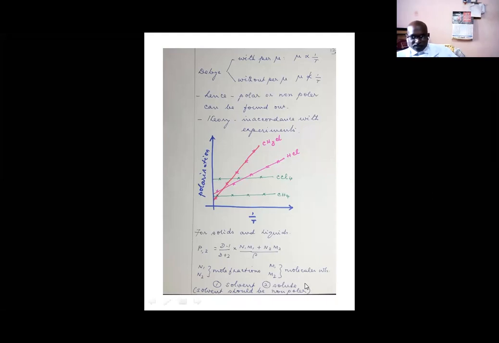All right. So when the solids or liquids are taken, you have to dissolve the substance in solvent, and the solvent should preferentially be a non-polar substance.